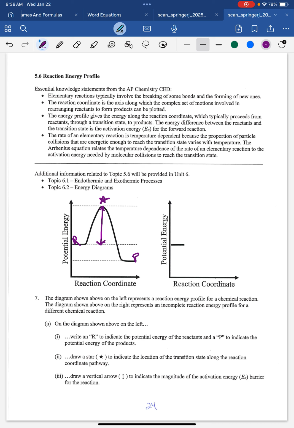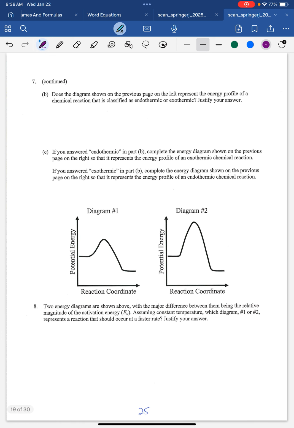And as you can see here, the final potential energy is lower in the products than in the reactants. So it is definitely exothermic.